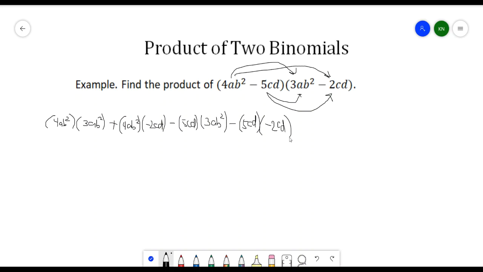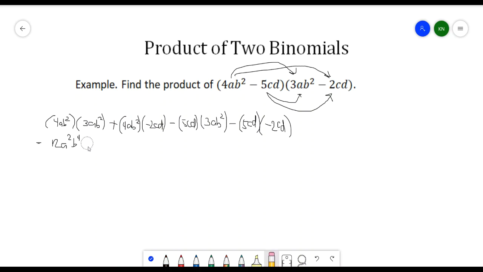2cd. So simplifying this one, we have 4 times 3, that is 12. A times A, that is A squared. And B squared times B squared, that is B to the fourth. Plus, this should be minus because this is a negative number.